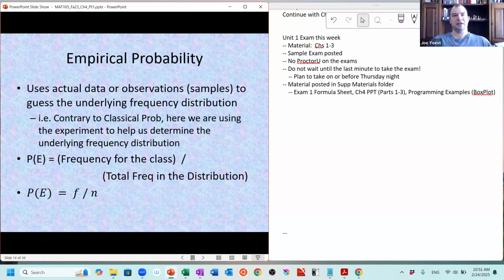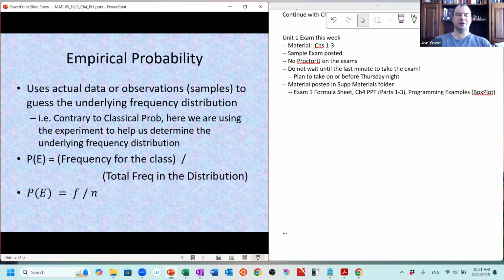So here, instead of starting out knowing the population, knowing exactly what is in the sample space and knowing that these outcomes are equally likely, instead of taking the perspective of omniscience, instead of being like God, who's up here, knows everything, and trying to see what happens on maybe one roll of the die when I know what the underlying structure looks like, empirical probability flips this on its head.